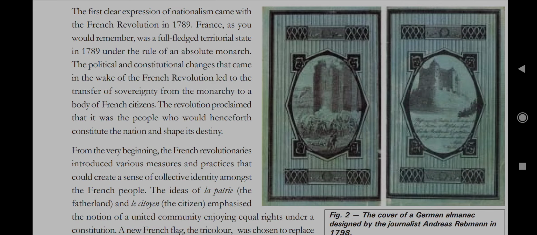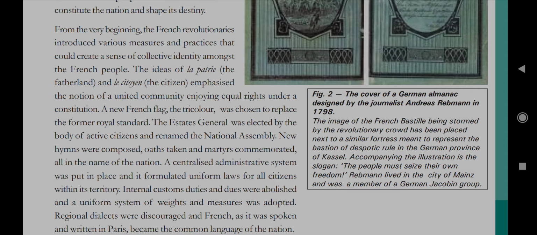From the very beginning, the French revolutionaries introduced various measures and practices that could create a sense of collective identity amongst the French people. The ideas of la patrie, the fatherland, and le citoyen, the citizen, emphasized the notion of a united community enjoying equal rights under the constitution. Before I teach this, you can just mark it as a question for you. That is, the French revolutionaries introduced various measures and practices to create a sense of collectiveness among the people.